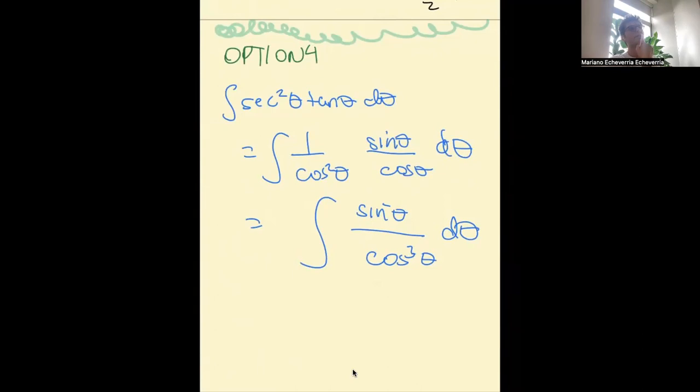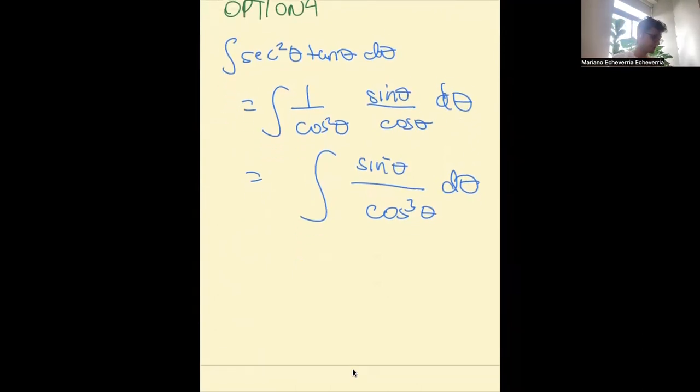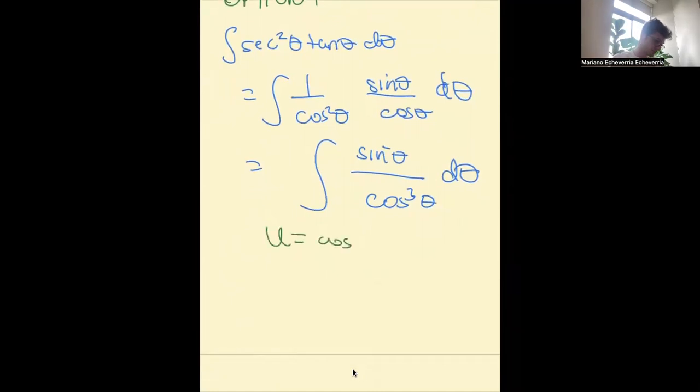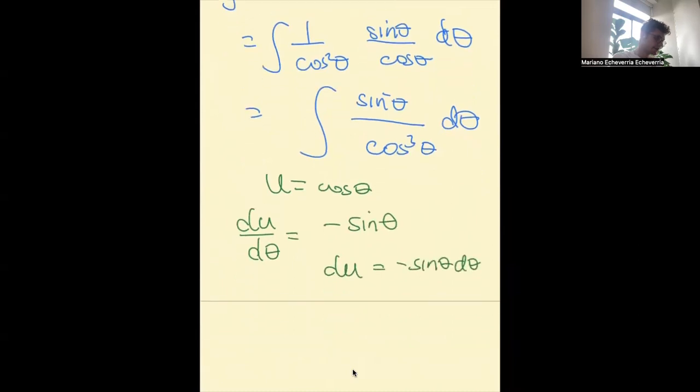One that you could make is u equals cosine of theta, for example. If you make u equals cosine of theta, du d theta is minus sine of theta. So du is minus sine of theta d theta. So negative du equals sine of theta d theta.